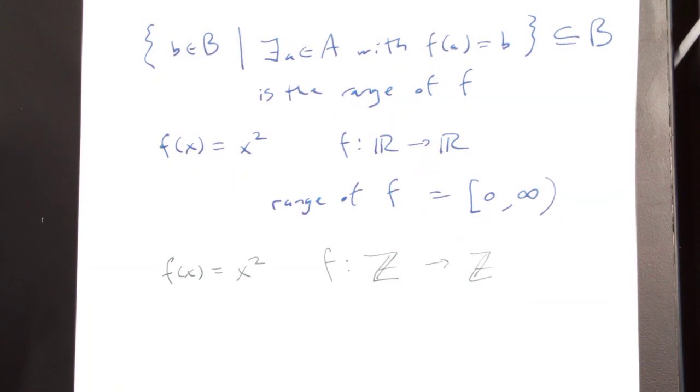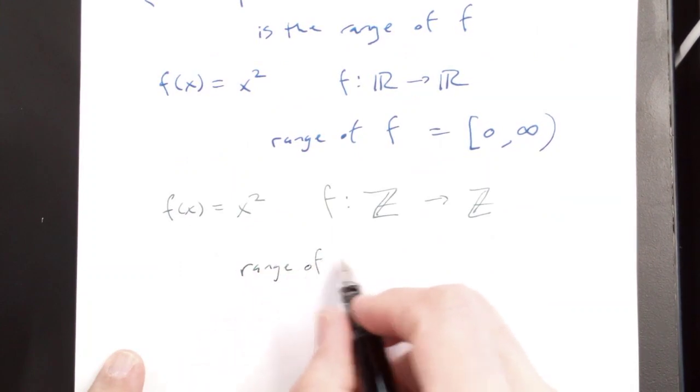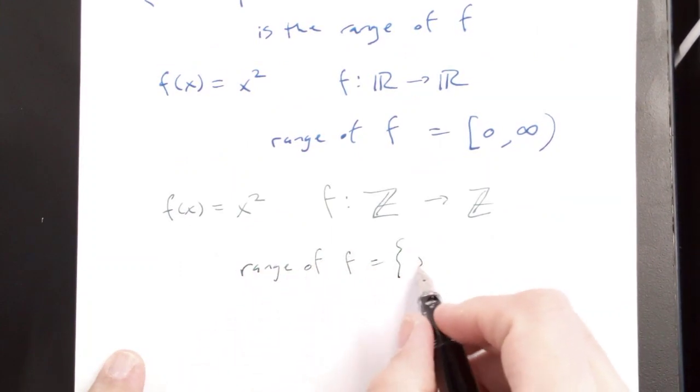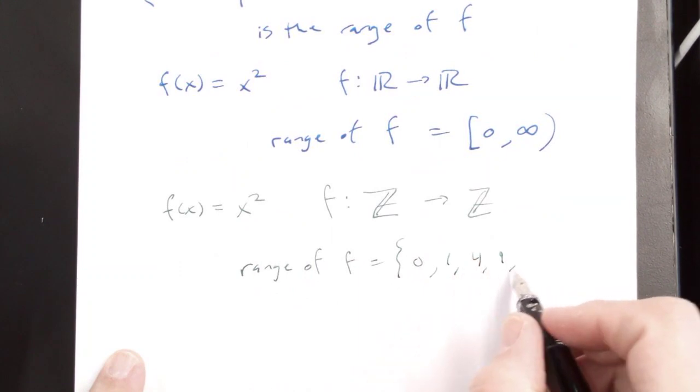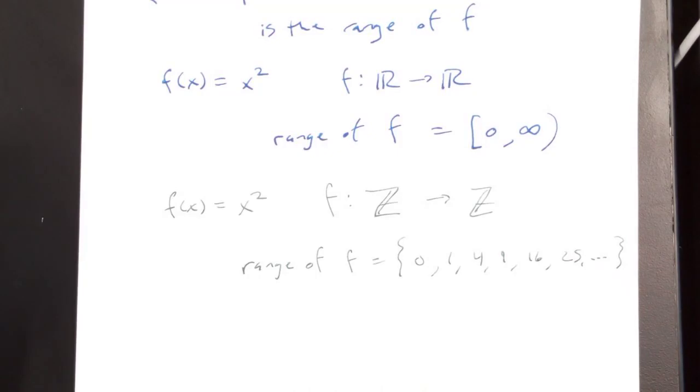In this case, the range of f is separate numbers. And if I were to graph it, I would see a parabolic shaped set of dots.